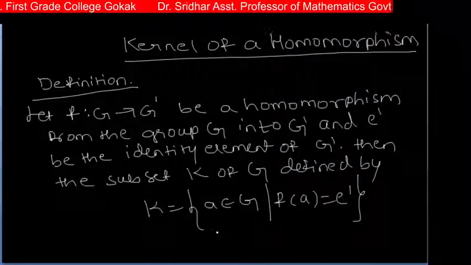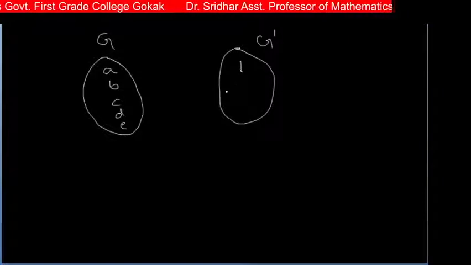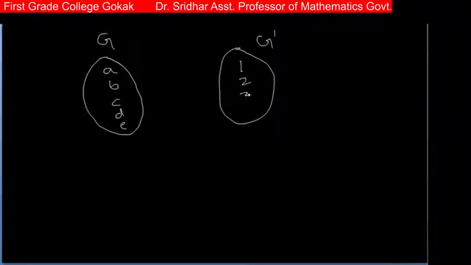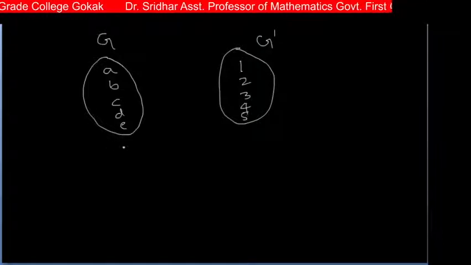Okay, for example, here there is one group, say G, here it is another group G dash, right? So here I take G as A, B, C, D, E, and here I take G dash as 1, 2, 3, 4, 5.